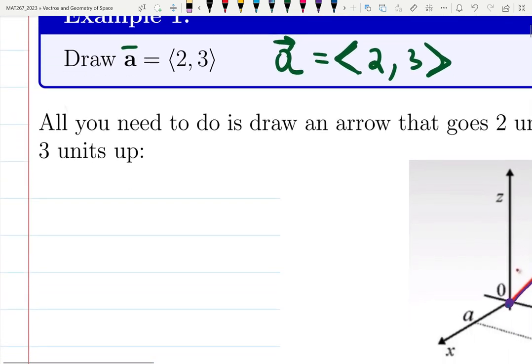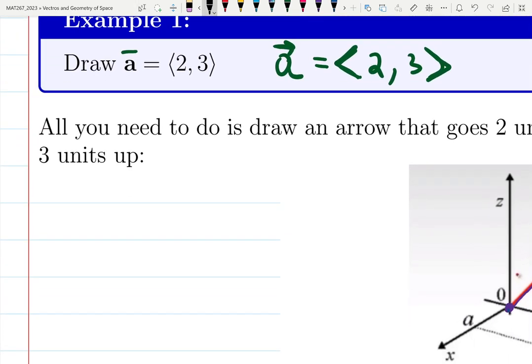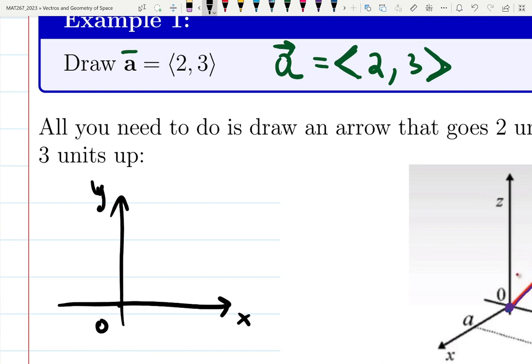So how to draw that? Let's do it in 2D, with Y and X, because it's easier to imagine. Vector A has 2 and 3. That means X is 2 and Y is 3.